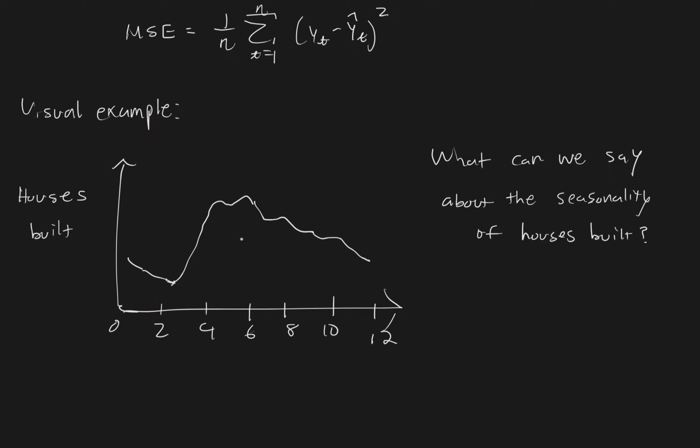That's the obvious analysis. But often we're also concerned with why that is. Why are way more houses being built in the earlier months, and why is there a noticeable decline in the later months? What can the later months potentially disrupt about houses being built?